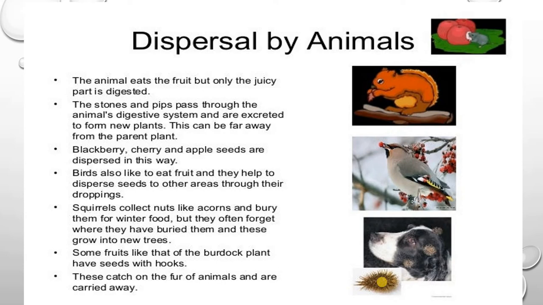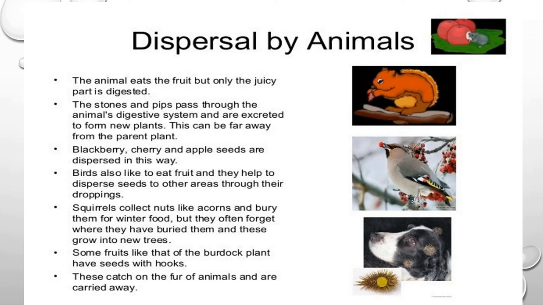So when the fruits are dispersed by an animal, the seeds present in them are automatically dispersed. Examples are xanthium and urena plants, which are covered with hooks. Another thing is that when animals eat the fruit, only the juicy part is actually digested.